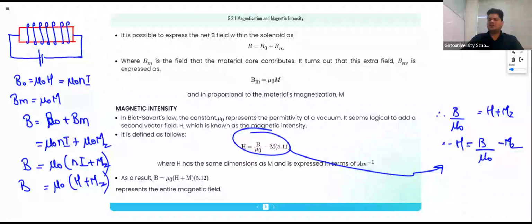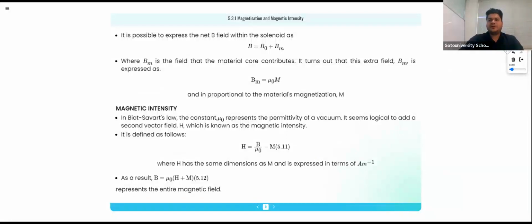You don't need the derivation, you just have to remember the formula. I'm giving you the derivation also so that it will be easy for you to understand the concept behind this. See what you have: a rod. In that rod there will be two magnetic fields, inside and outside.